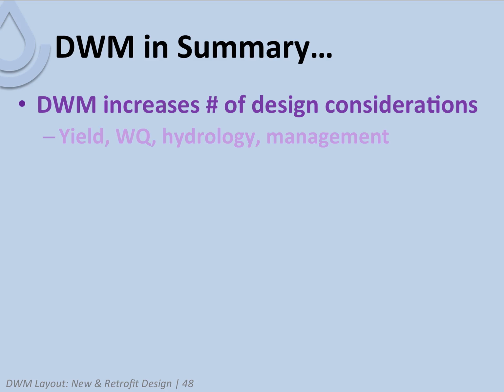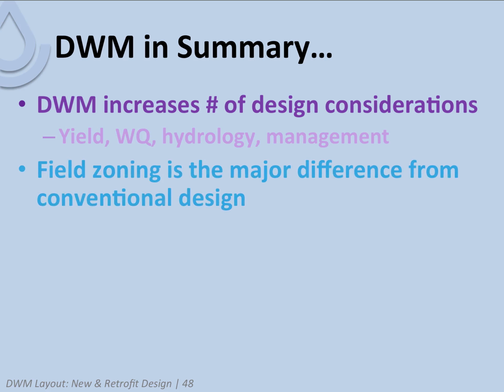We've got flow reduction, hydrology considerations, and we've got the management of these systems to consider. So we've got more things to think about when it comes to a drainage water management design. The field zoning is the major difference and the point of departure from conventional drainage design.